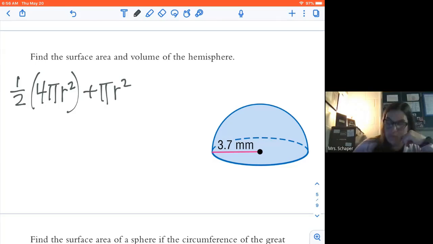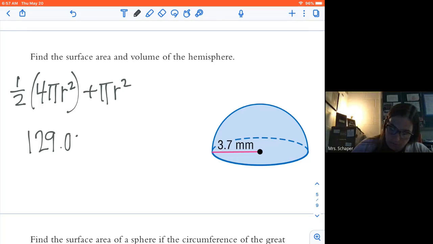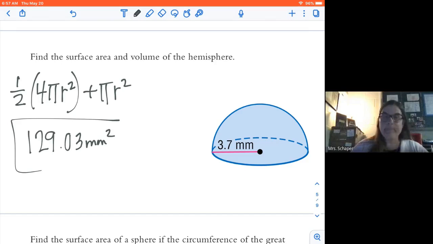So we're going to take 1/2 times 4 times pi times 3.7 squared, and then add pi times radius squared. We're going to get a total surface area of 129.03 millimeters squared.